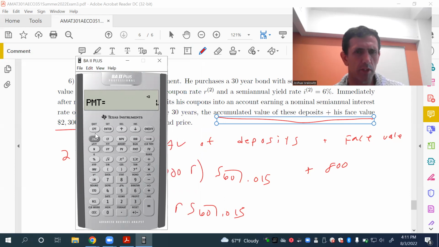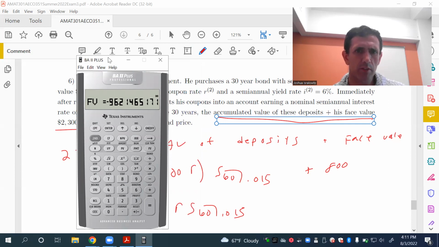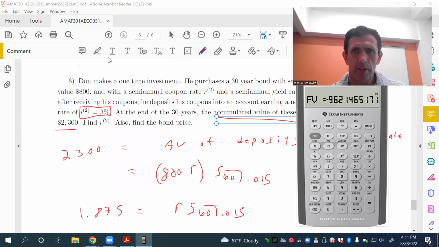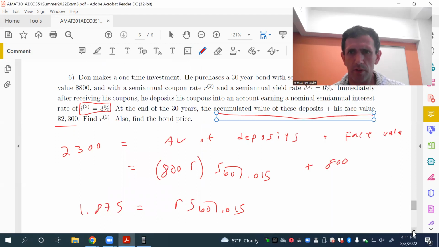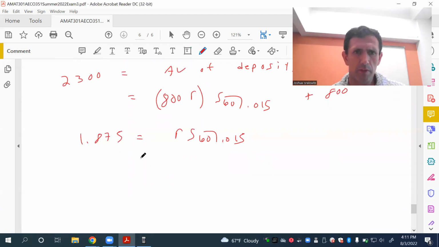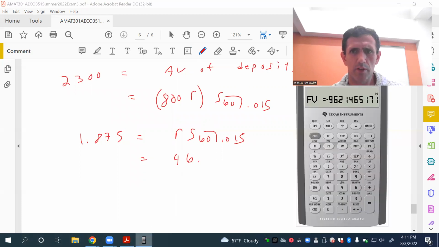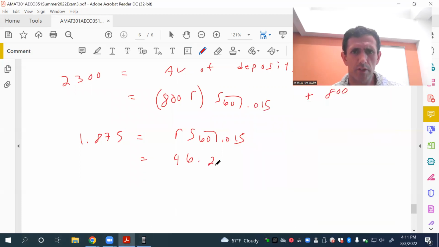That was an absurd accumulated value. That makes a lot more sense. All right, so $96.21456.